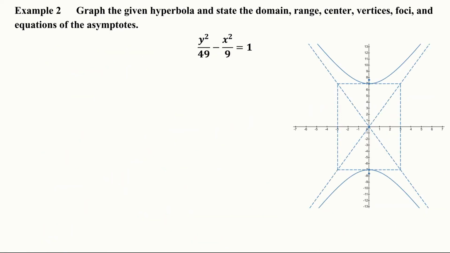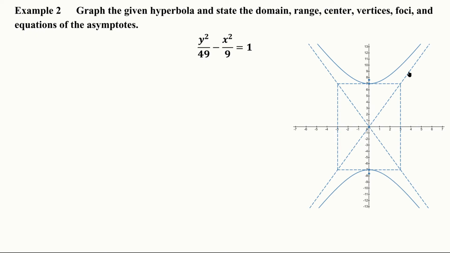All right, so this next one we can see is an up-down or vertical hyperbola. Now the y term is the positive one, so that's how we know this is going to be an up-down hyperbola.